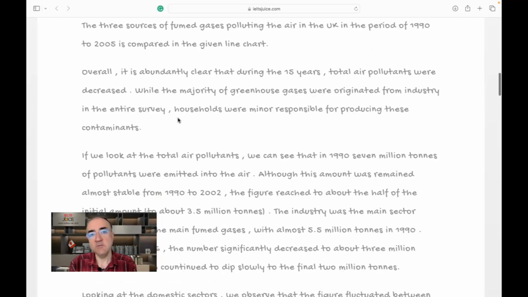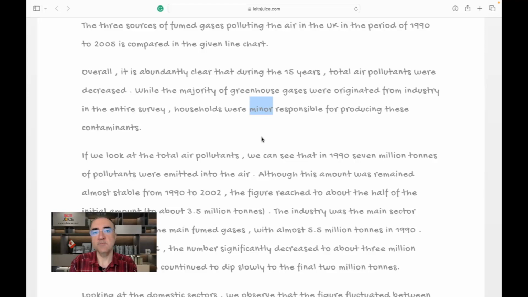In the entire survey, households were minor responsible, were not mainly responsible, or were minimally responsible. I don't need an adjective and another adjective together. This needs to be modified.